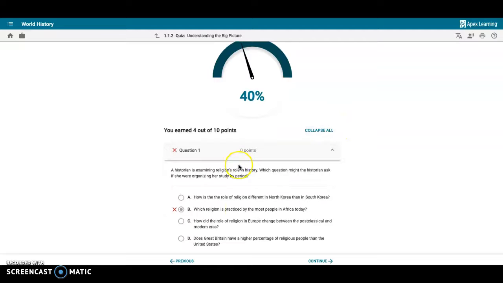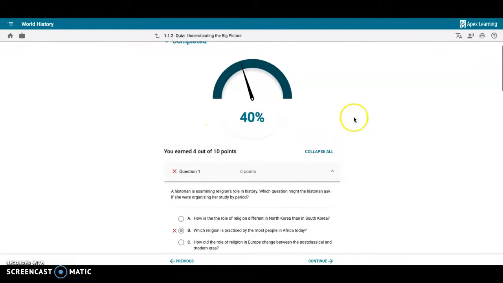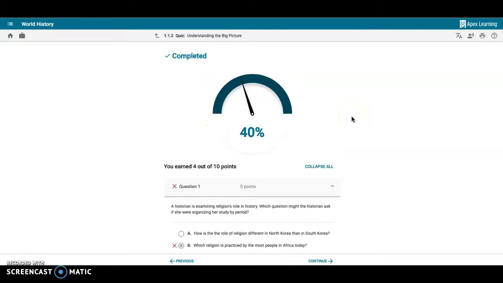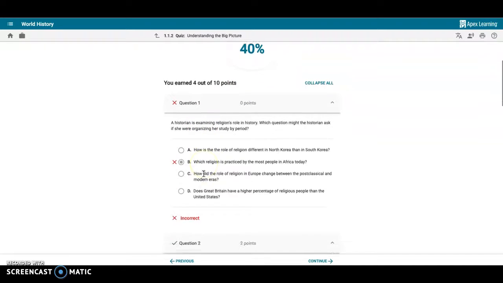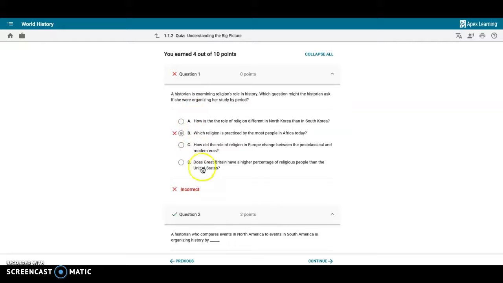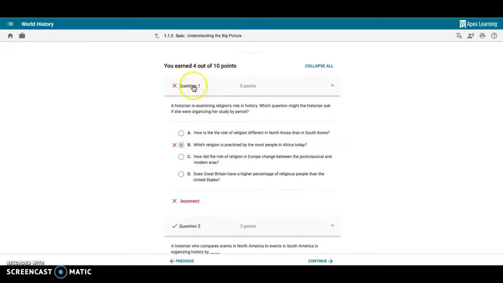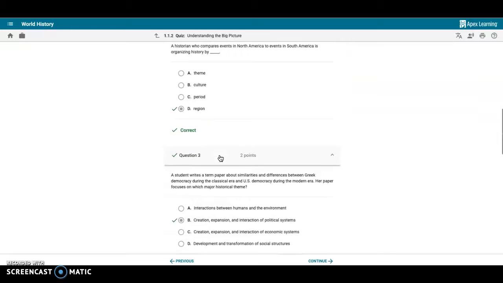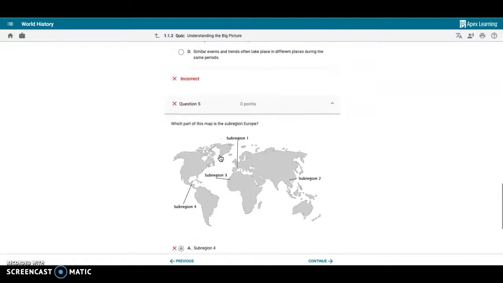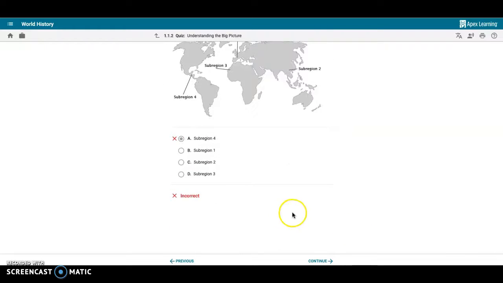Another concern is if students are doing this at some point in the year and they find another student who's taken the same online course, what's going to happen if they end up taking this quiz together? By cross-elimination, they now know that question 1, B is the wrong choice. So what's a better answer? We're going to ask Apex if they have different quizzes that they give to different students if they're taking the course at the same time. That will be something we'll be asking as well.